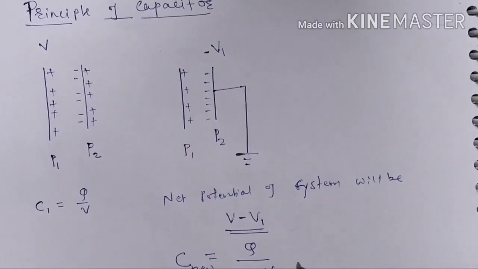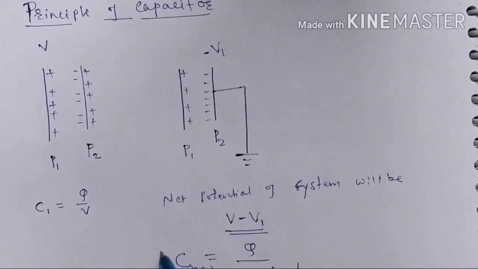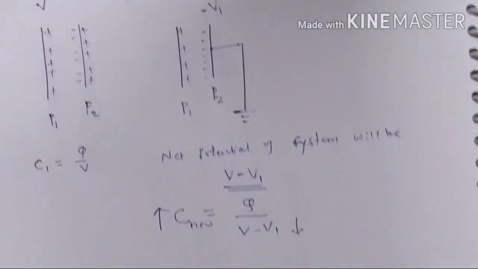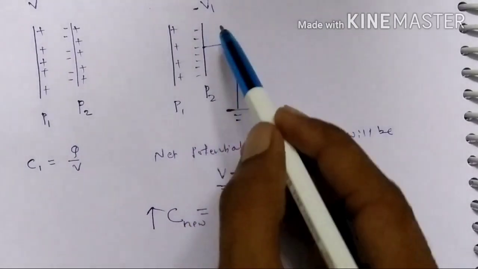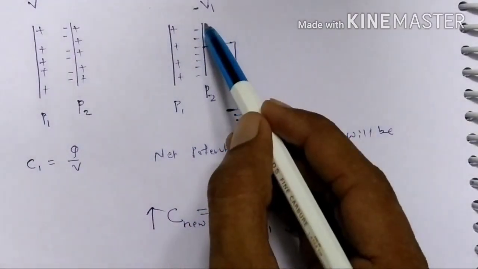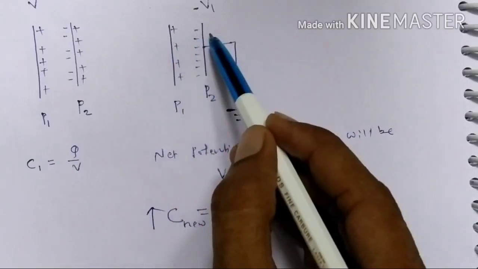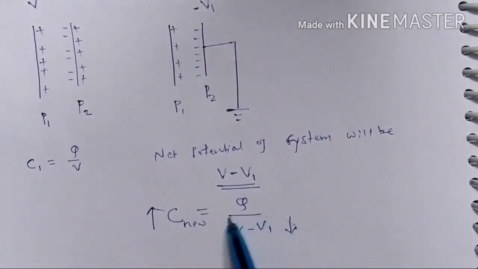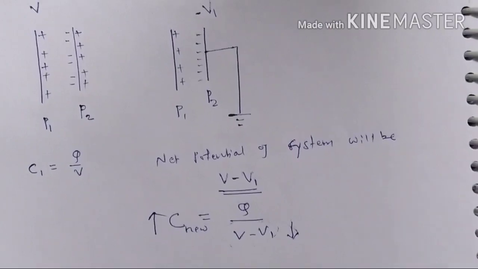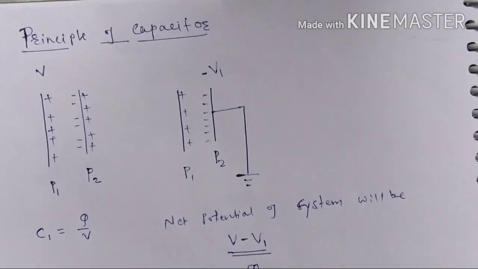Here the potential decreases, so the capacitance increases. Therefore, if we place the identical plate P2 near plate P1, the potential decreases and the capacitance automatically increases.